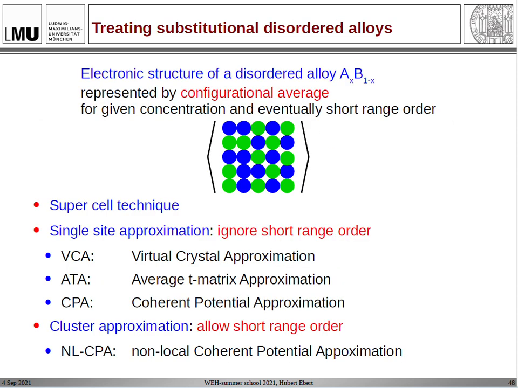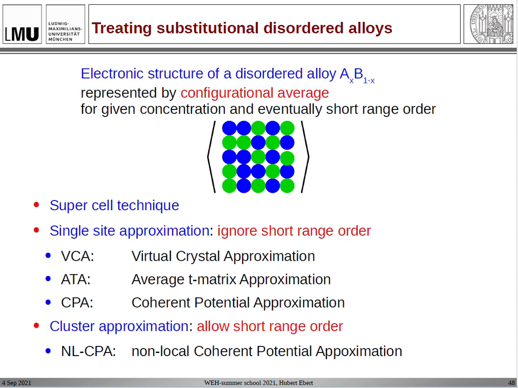Now, you can go on. If you have one impurity, you have two impurities, you have many impurities. At the end, you end with some alloy. So, for example, an A-B alloy with a composition x, 1 minus x. And then you have, in principle, to think about all the possible configurations if you have no specific ordering going on. So the most simple situation you would assume is randomly ordered, or disordered, better to say.